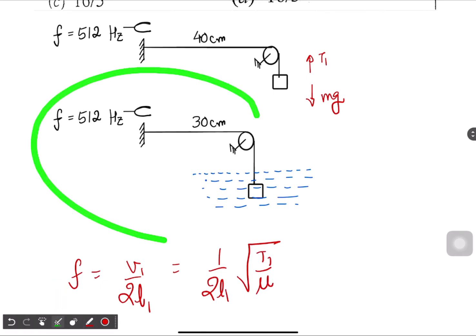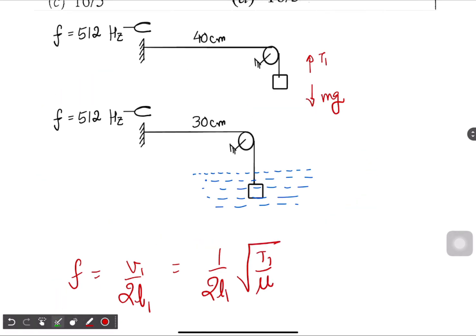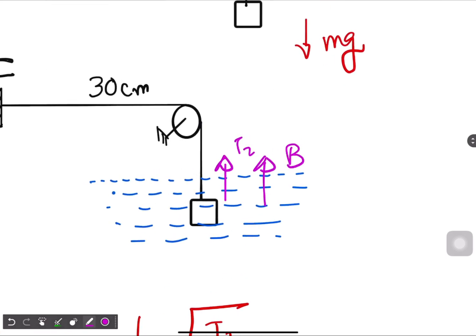In the second case, what you are getting? Tension T2 is acting upwards, but at the same time now you have buoyant force. So buoyant force is equal to how much? That will be equal to density of water multiplied by volume of block multiplied by g.